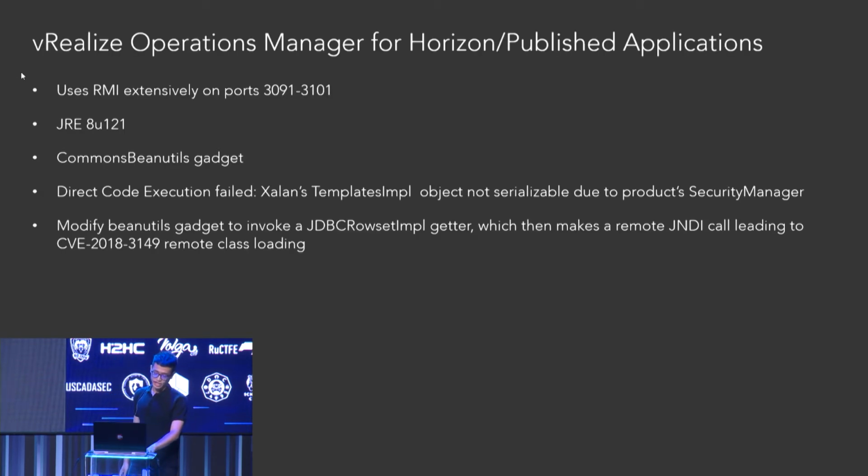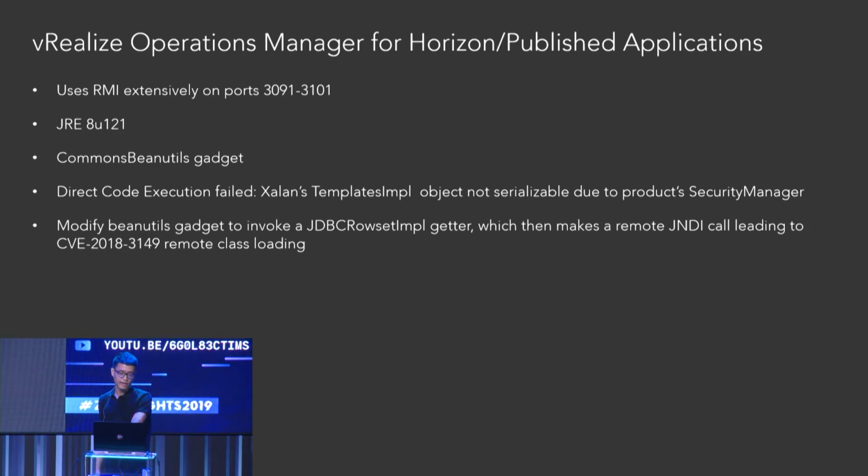And this is a fun example. This is a chain where I got RCE on VMware vRealize Operations Manager, and they use RMI extensively on ports from 3000, and they use JRE 1.2.1, and they have the Commons BeanUtils gadget, but direct code execution from it failed because, as you might know, most of the publicly available gadget chains rely on a feature called TemplatesImpl class.